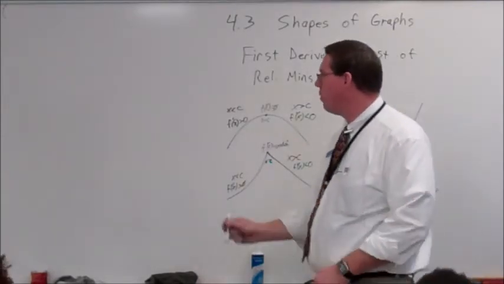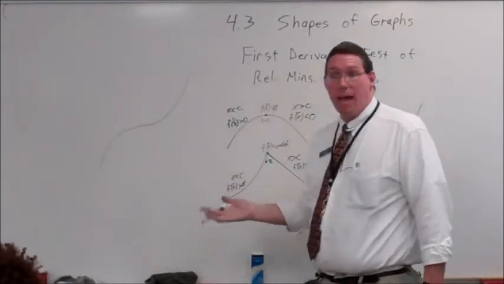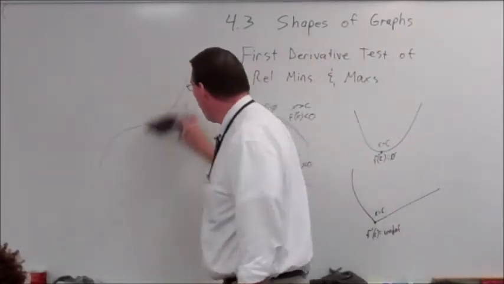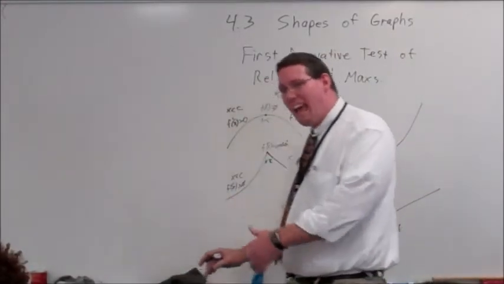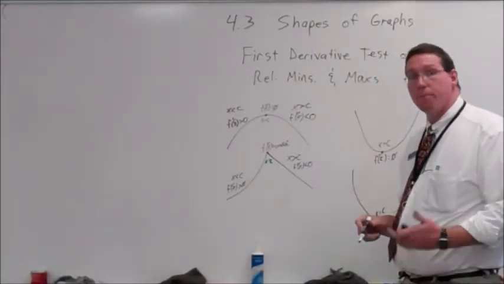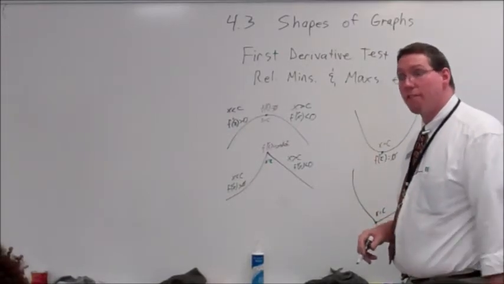Now, what would happen if we went from a positive slope to a positive slope? That wouldn't be a maximum, right? So, what must be true in every case of a relative maximum? It always goes from a positive slope to a negative slope.